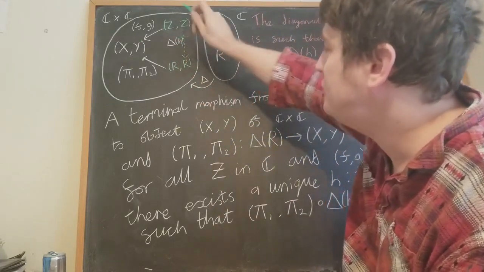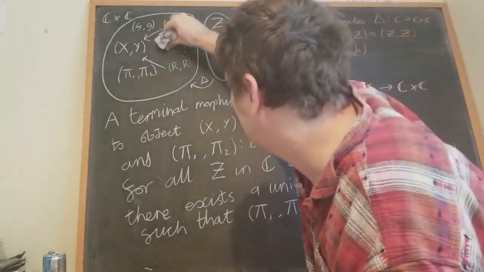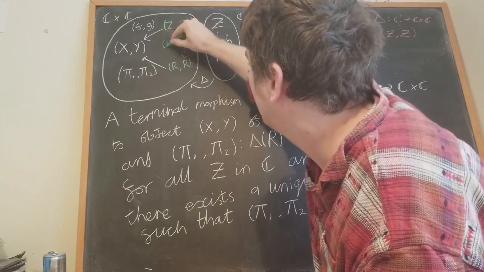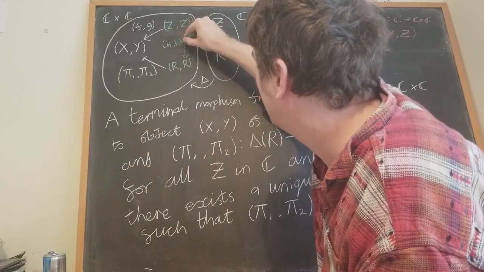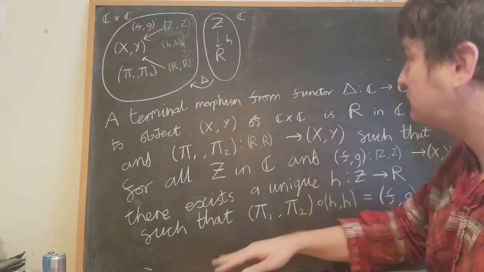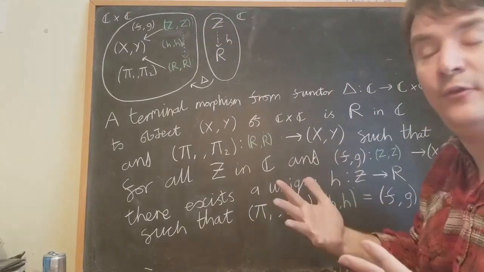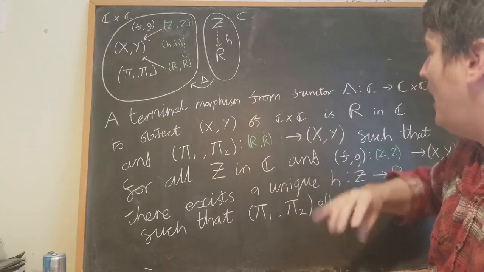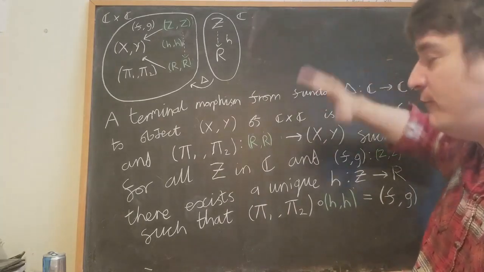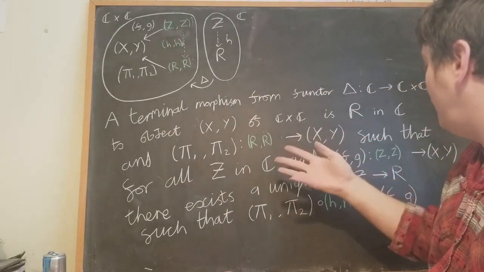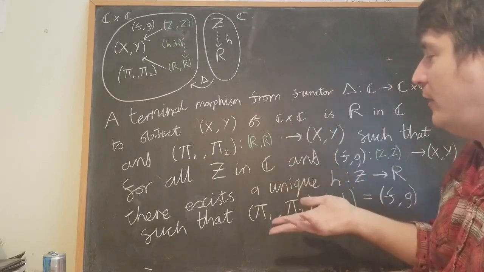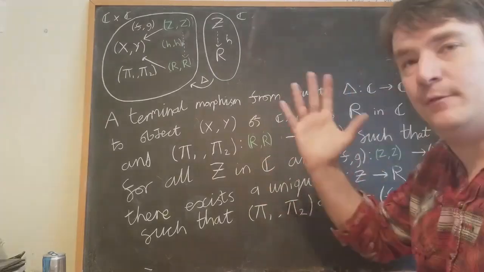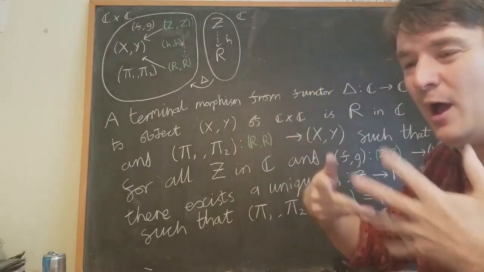And what's delta of h? H comma h. Okay, so all we've done is taken our definition of a terminal morphism and then applied the definition of a diagonal functor to express what these different deltas of things are, okay?